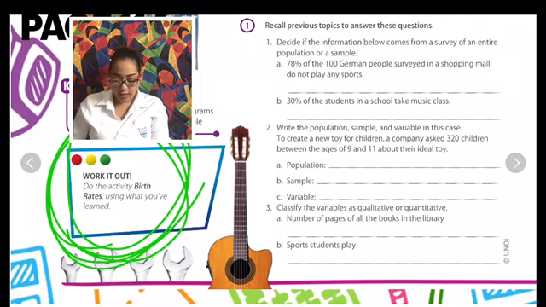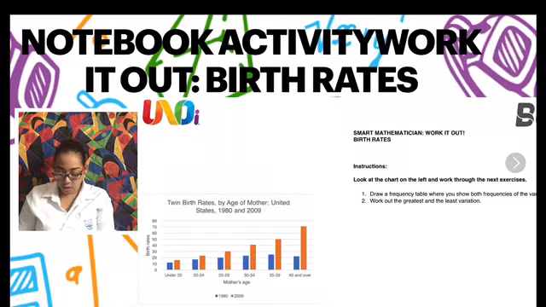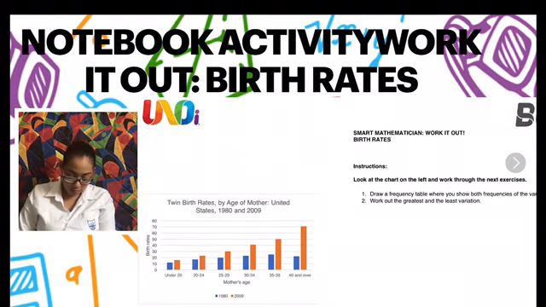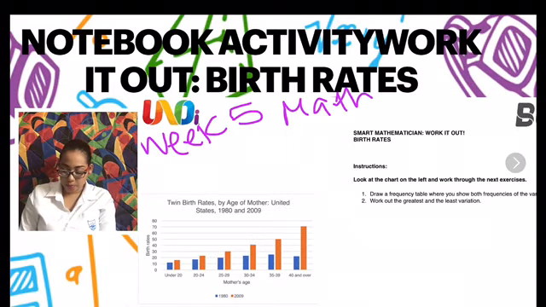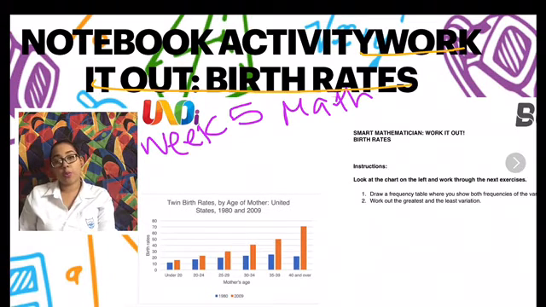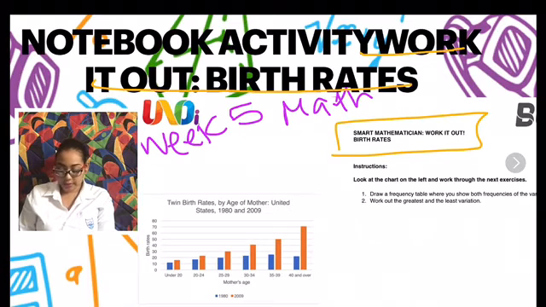The title of this activity is going to be week 5. You write down week 5 math, and you put the title: Smart Mathematician, work it out birth rates.